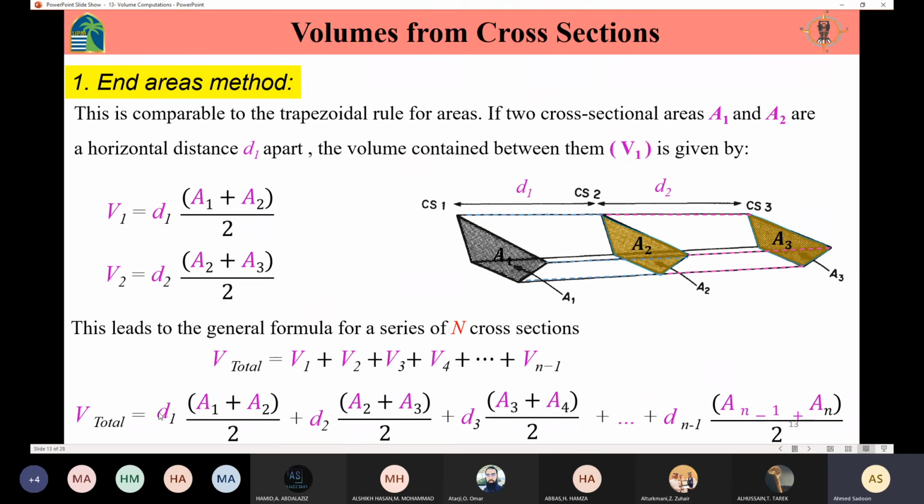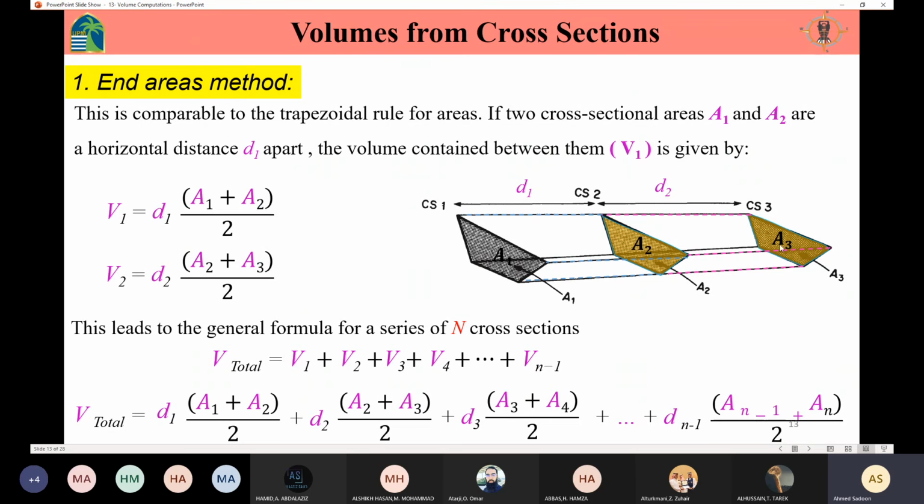So V1 represents D1 times (A1 plus A2) over 2. Then V2 is represented by D2 times (A2 plus A3) over 2, and so on. And the last one is going to be D(n minus 1), which represents the last distance. So if this is A3, then this one is going to be D2.